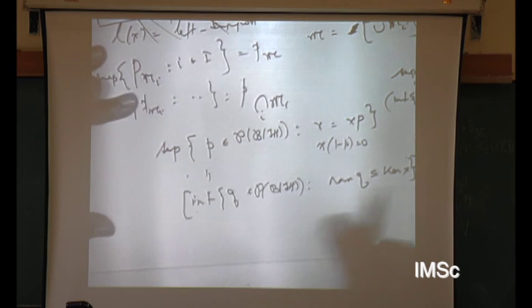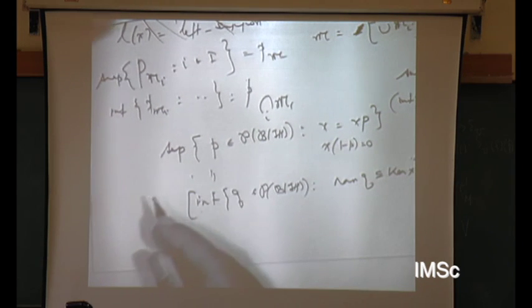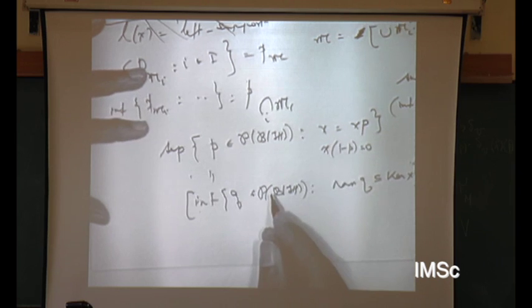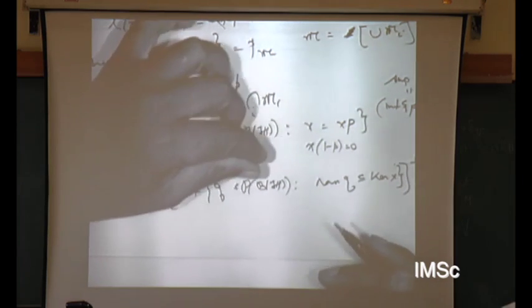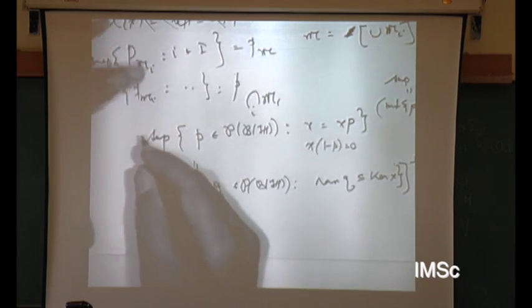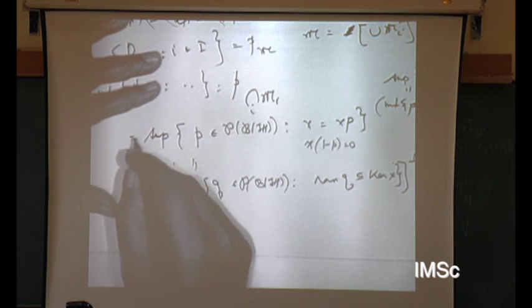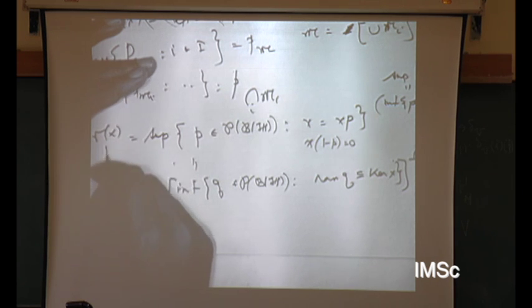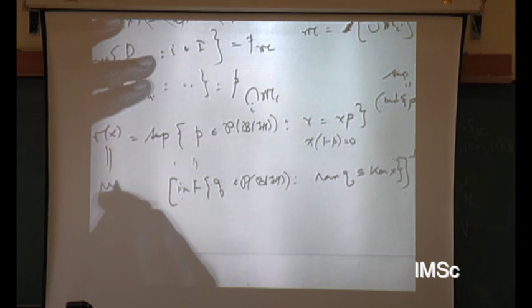Okay. So whenever I have x, if I call this projection R of x, it is called the right support of x.